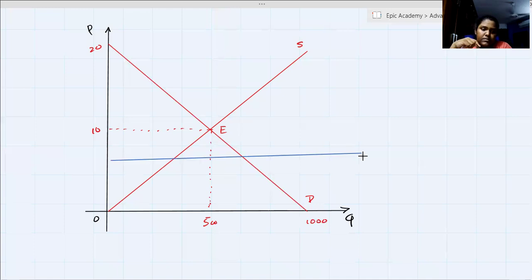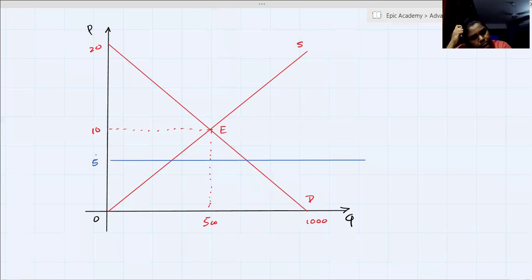They try to protect the consumer. That is why the price is just 5 rupees. This is the government's maximum price ceiling. So you can identify that the government decides this commodity must be exchanged at the price of 5 rupees.